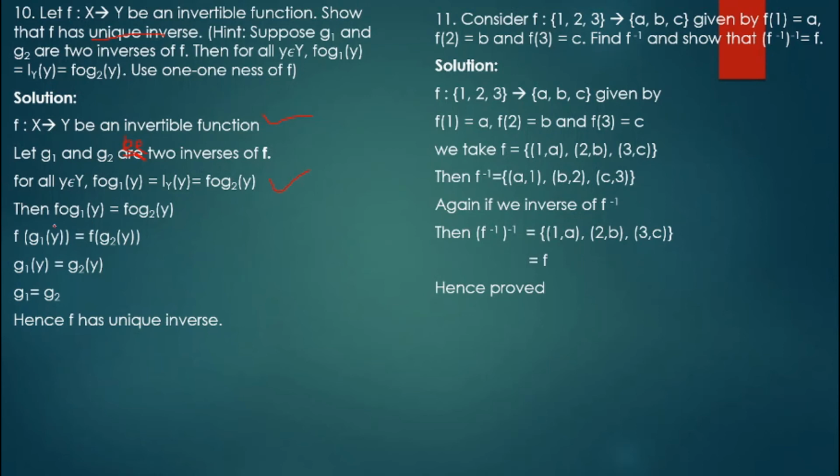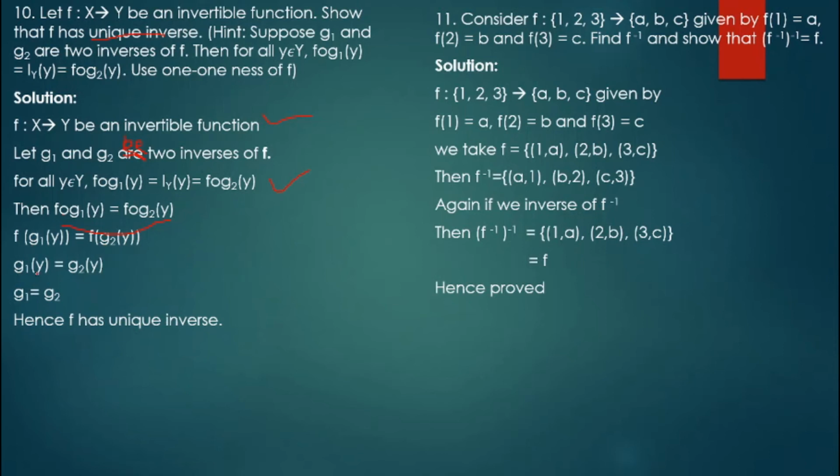Then as per one, what do we write? Yes, we write f of x1 equal to f of x2. Instead of that we are writing f of g1 of y is equal to f of g2 of y. So when we solve this, we know how we write gof equal to g of f of x. Same way, f of g1 of y equal to f of g2 of y.